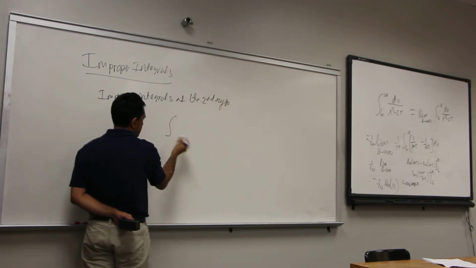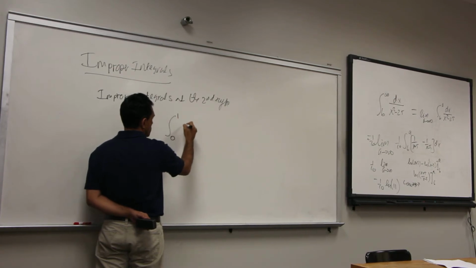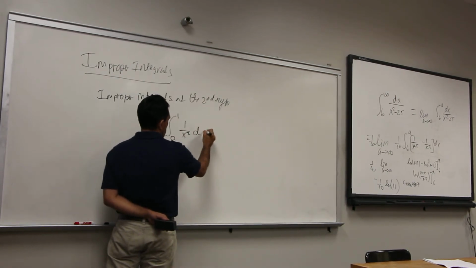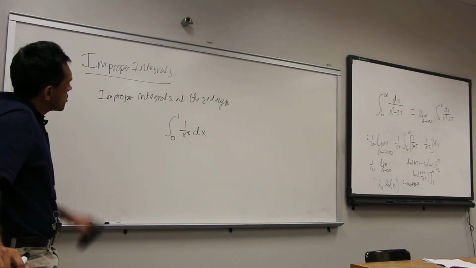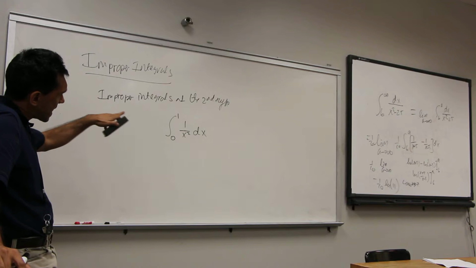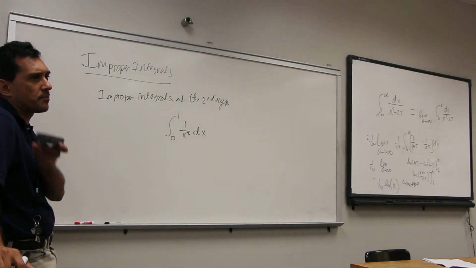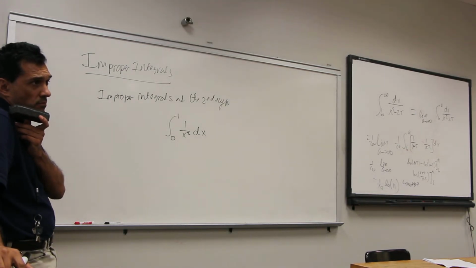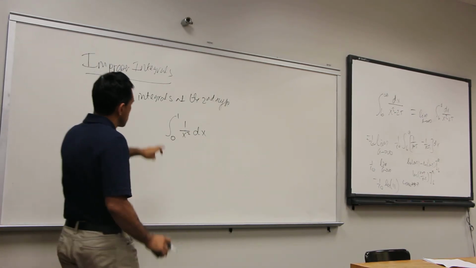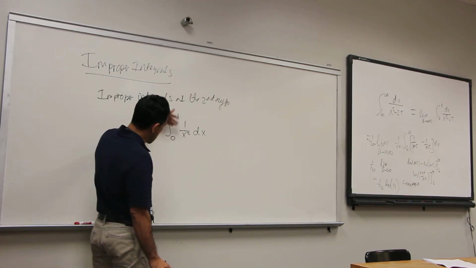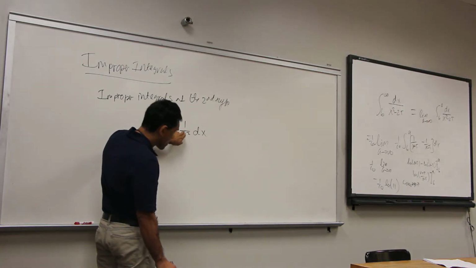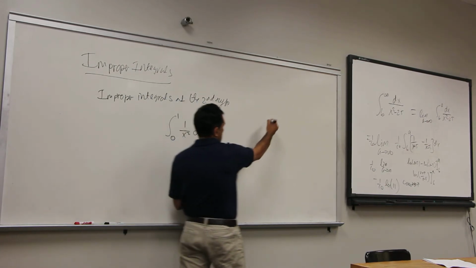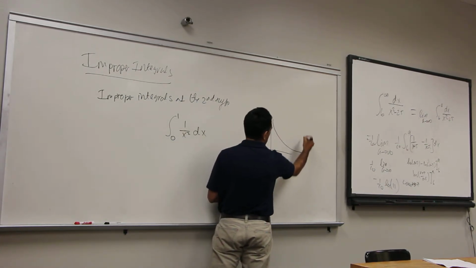So something like this. And why is this improper? Because you're integrating from 0 to 1, and at x equal to 0, 1 over x squared is undefined. It's not improper because of infinite limits here. It's improper because when x is 0, this becomes undefined. If you graph this function 1 over x squared, it looks like that. Then you're integrating from 0 to 1.